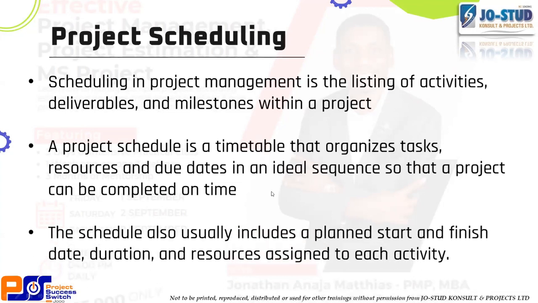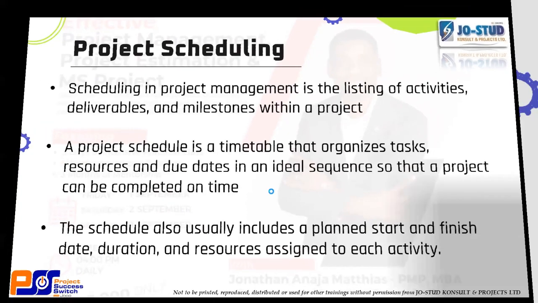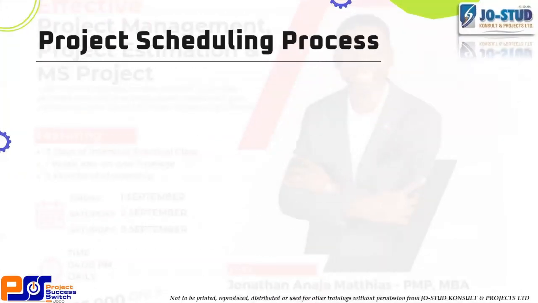The schedule also usually includes planned start date, planned end date, and all that. You get the slide. So let me move fast so that we can go into the software. Let me see if I can finish this slide by 5:30, right?